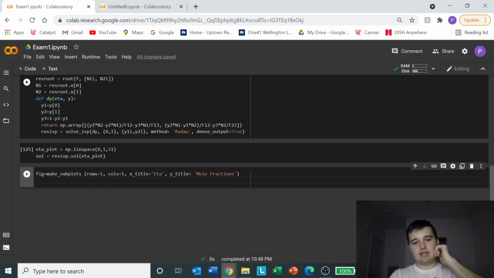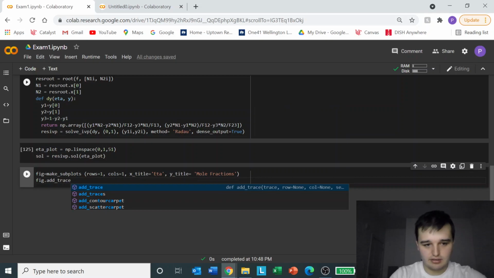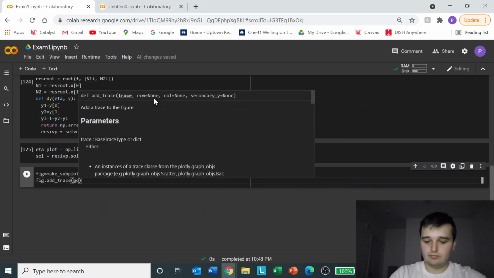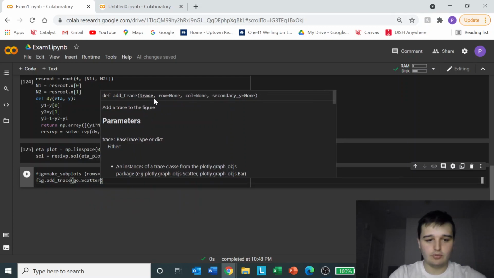So now that we have named our graph, what we want to do next is add the lines that'll connect the dots, the data points. So we want to say the figure, and then add a trace, and then add a graph object. In this case, we want to make it a scatter plot. Again, GO, because we shorthanded it up front.